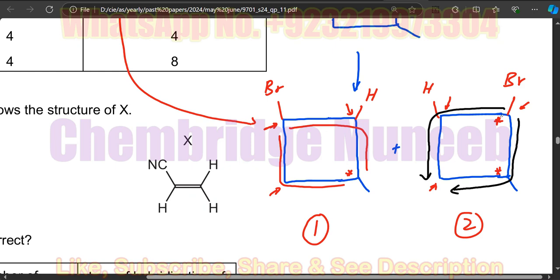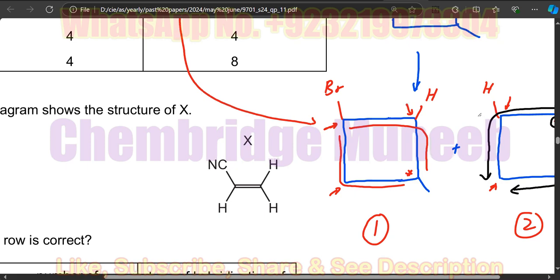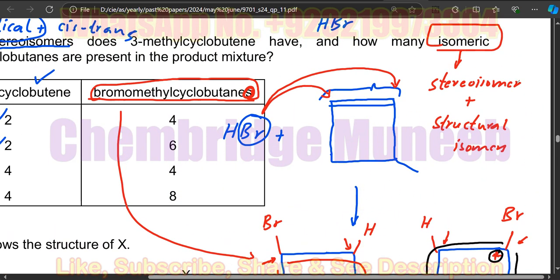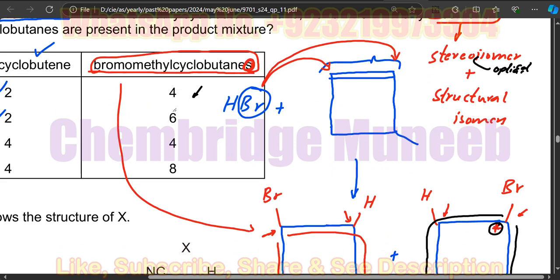So yes, one chiral center is additionally present at this point, and in my opinion, they should have included the optical isomer products in the answer as well. They should have optical isomers in the product, which in our question is not mentioned, even according to the mark scheme and the examiner report. So let's see on which basis they have calculated the answer.